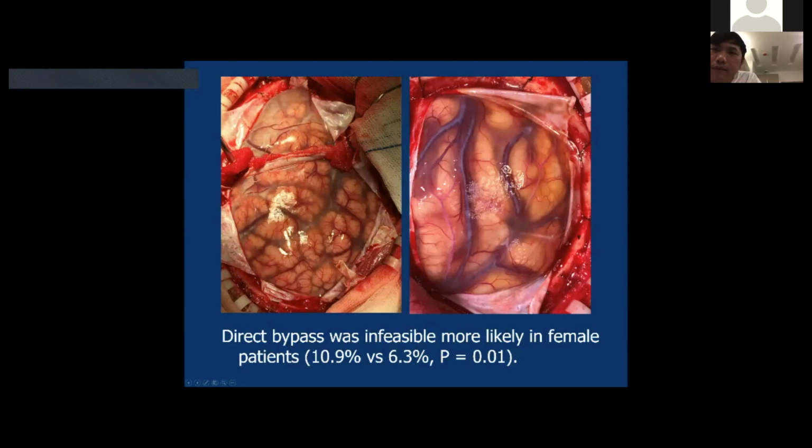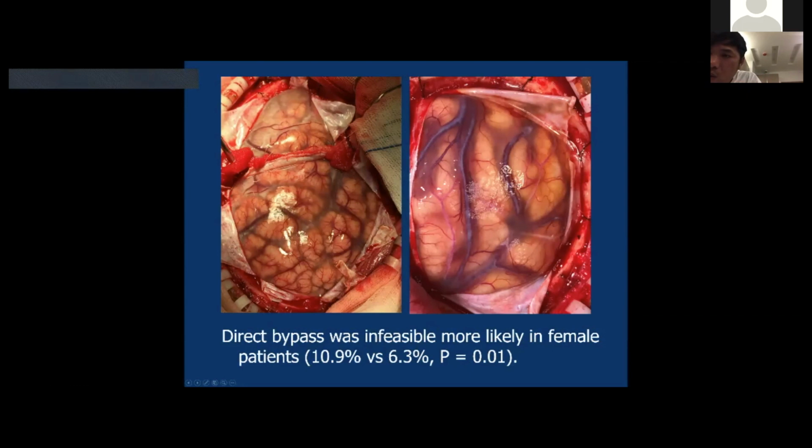On the right side, technically this vessel was large enough to be the recipient artery, but the other branch of the MCA was already totally occluded. So this is very dangerous if we do the direct bypass.